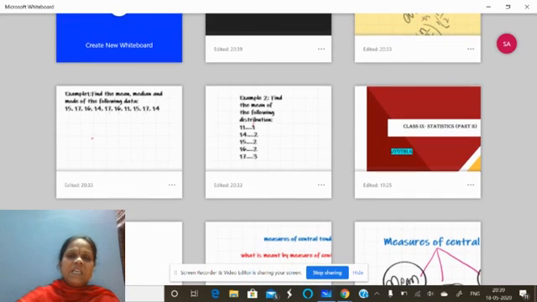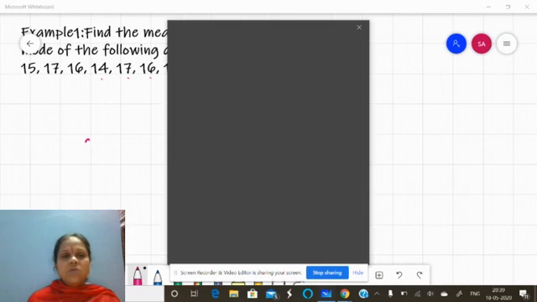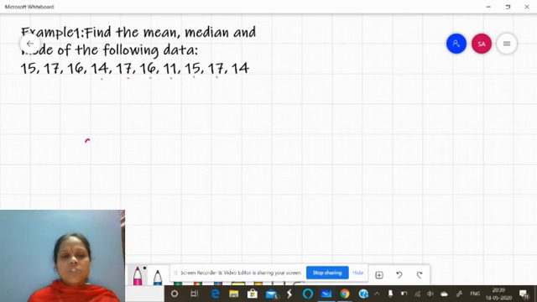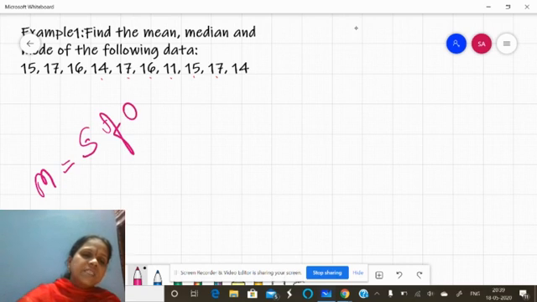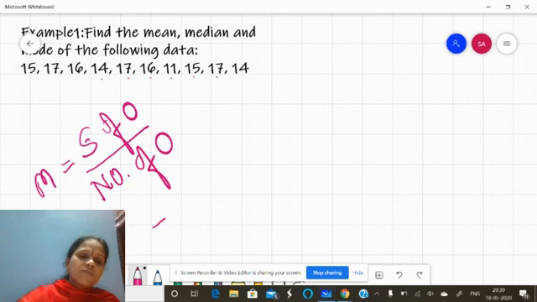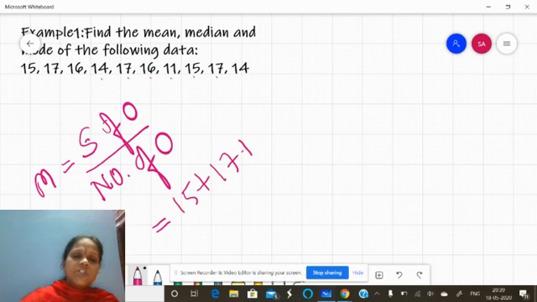So now let us take an example to find out the mean, median, and mode of a given data. Now, here the number of terms in the given data is 10. According to the mean formula, which is sum of observations by number of observations, I have to just sum up all the observations and divide by number of terms.